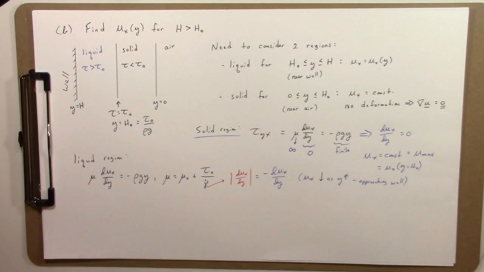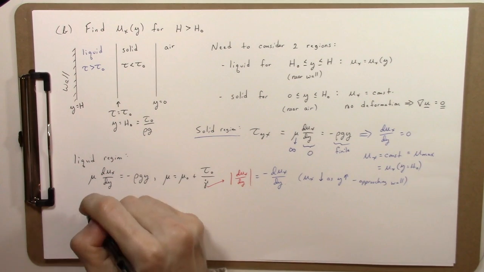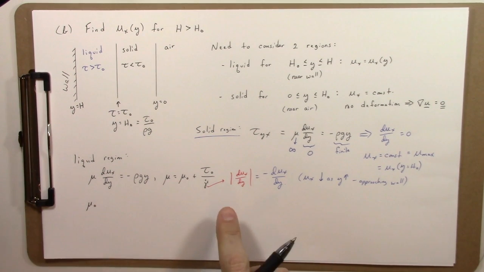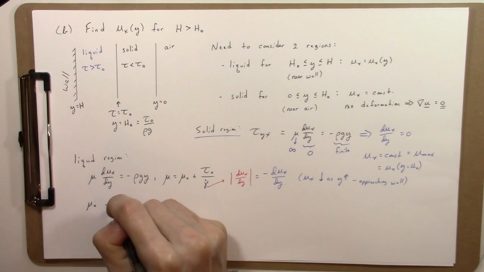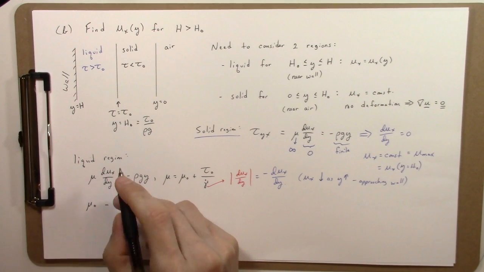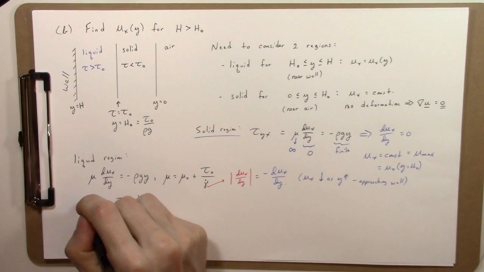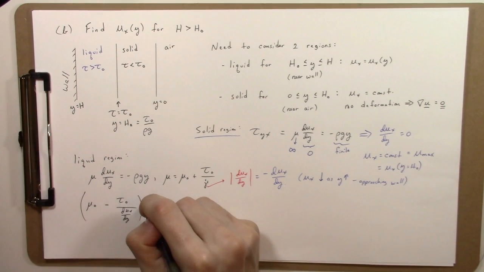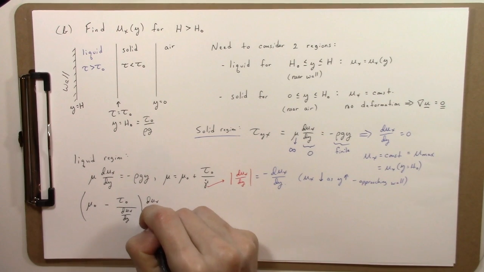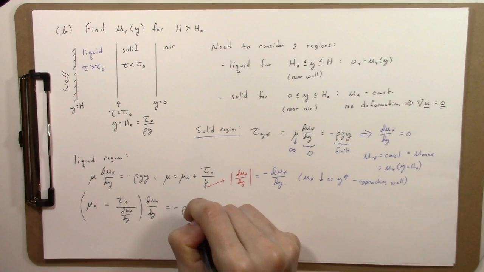Alright, so now we can simply substitute and solve. We can substitute for mu. We have mu naught minus tau naught divided by dux dy, multiplied by dux dy, which is equal to minus rho g y.